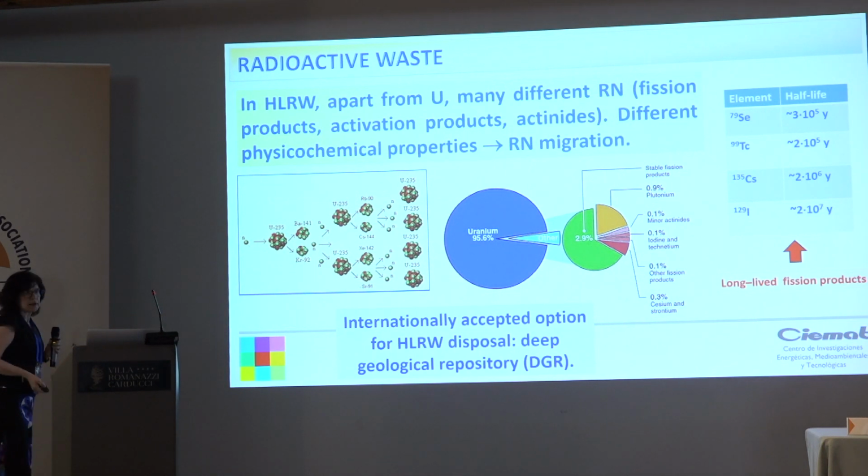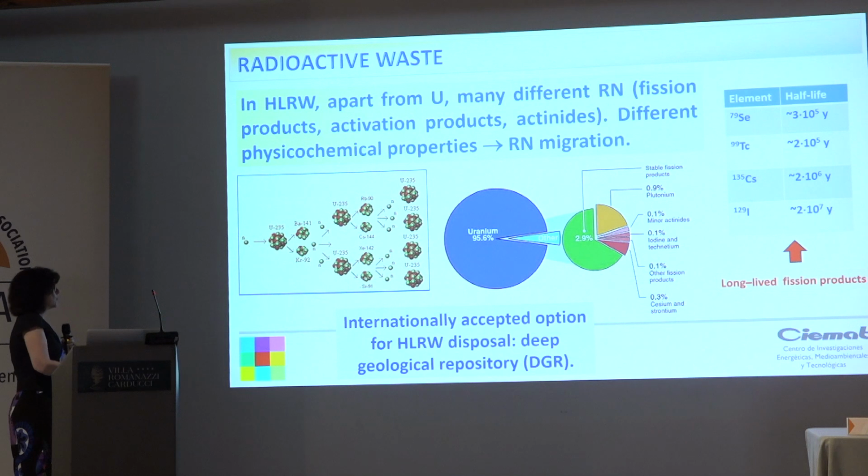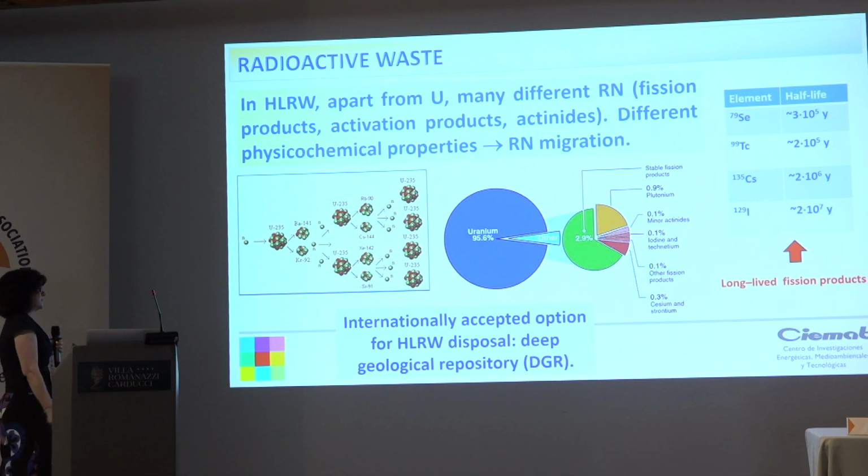And all of them have different properties, so we have to analyze these physicochemical properties for all these radionuclides because they lead to different radionuclide migration processes. It is also of interest to see that there are several long-lived fission products which have a very long half-life and are of concern in this scenario.